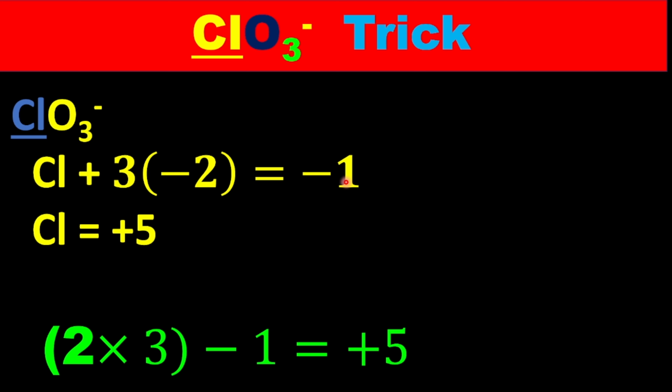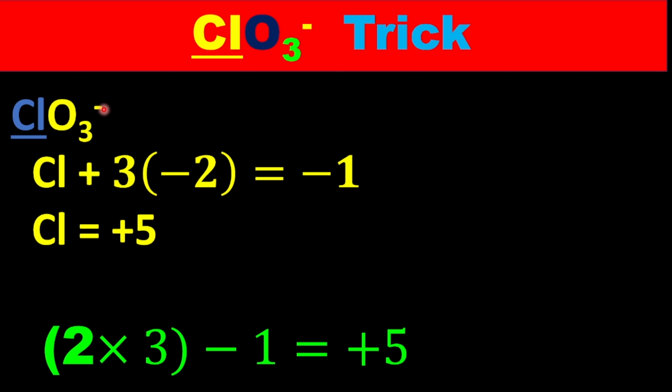So we are expanding: Cl plus 3 into bracket oxygen is equal to the charge, which is minus 1. So 3 times minus 2, which is for oxygen, will give us minus 6. Minus that will give us plus 5. So that is the normal method of doing the calculation.